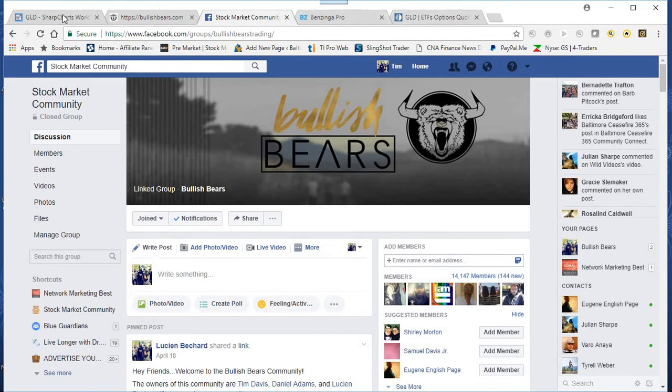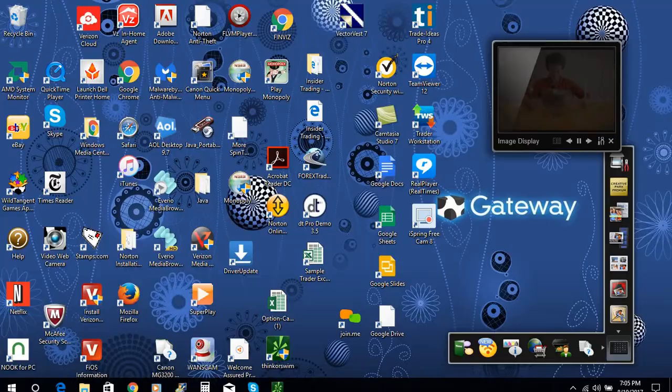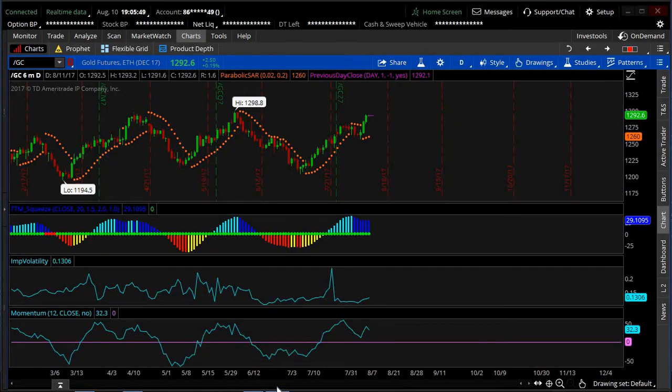Okay, now let's go over this gold trade for you guys. All right, so as you guys know, there's a lot of geopolitical risks going on in our country and in our world right now, with Kim Jong Un and North Korea continuously making these threats against the U.S. and the U.S. firing back, saying we're going to do this, we're going to do that.